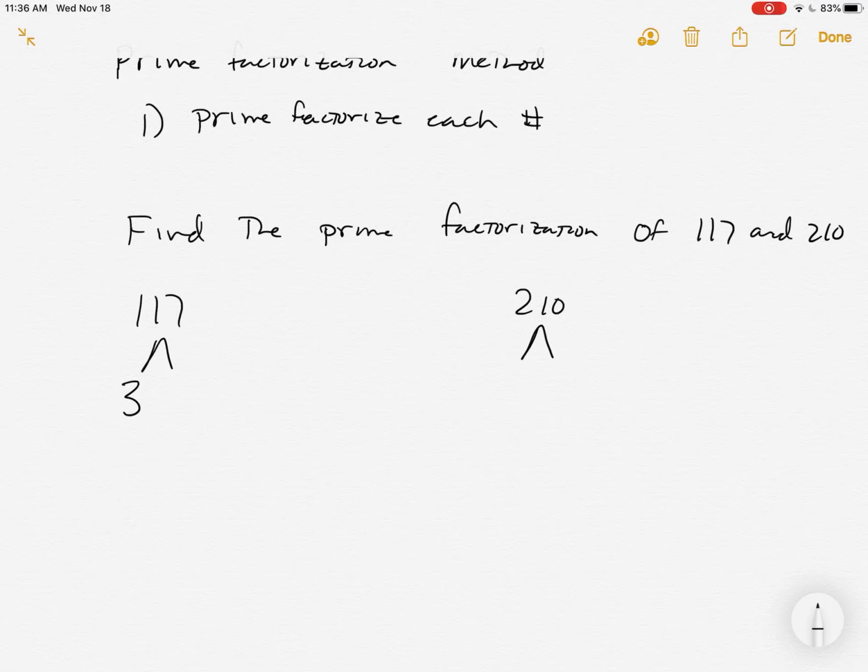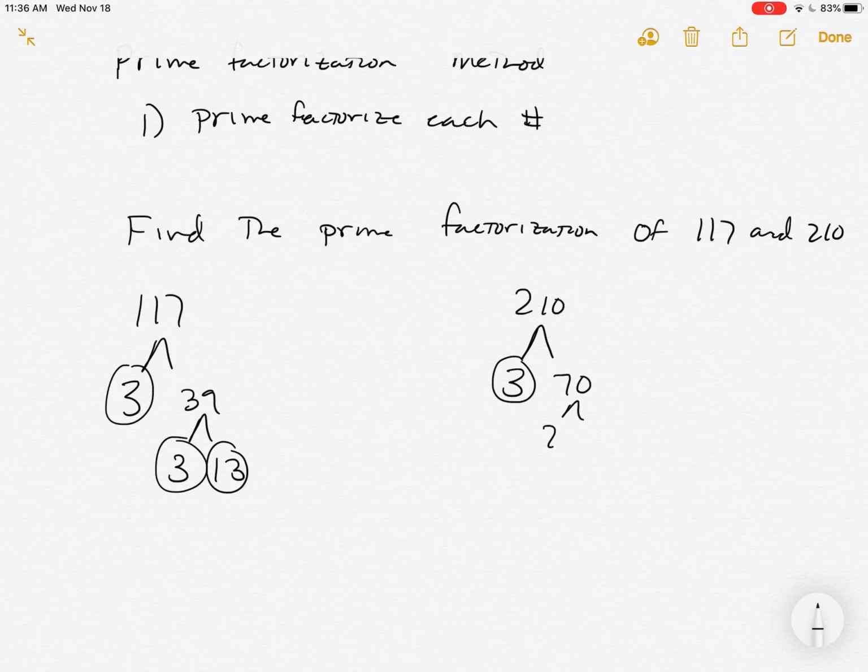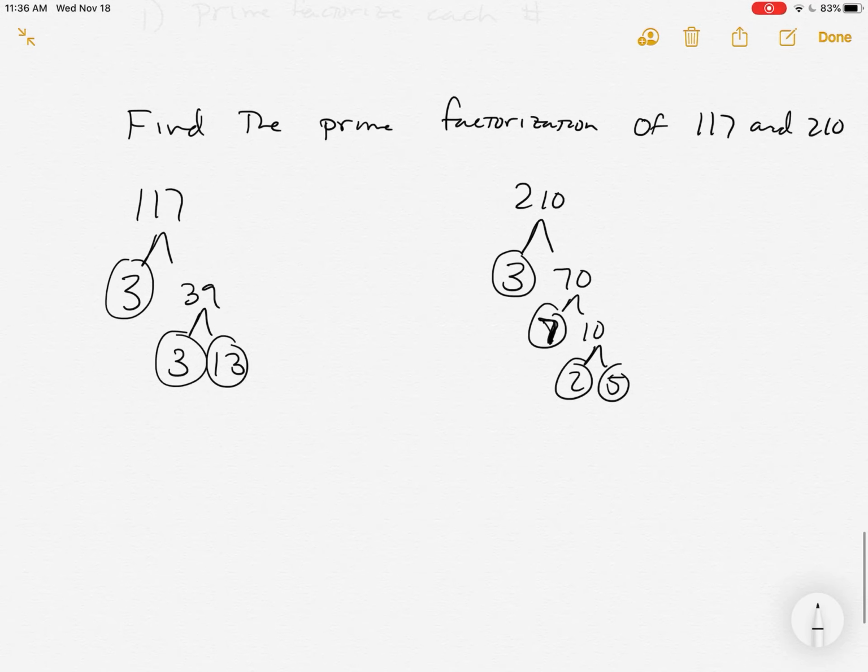So 117 divided by 3 is 39. 39, I hope you recognize that 3 goes in there 13 times. 210, 3 goes in there 70 times. This is 7 times 10, which is 2 times 5. So what's the prime factorization? A couple of 3's and a 13. What's the prime factorization here? A 2, a 3, a 5, and a 7.